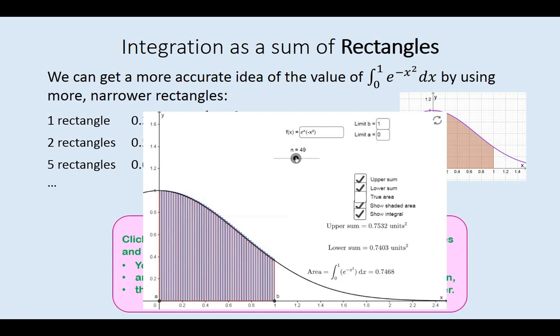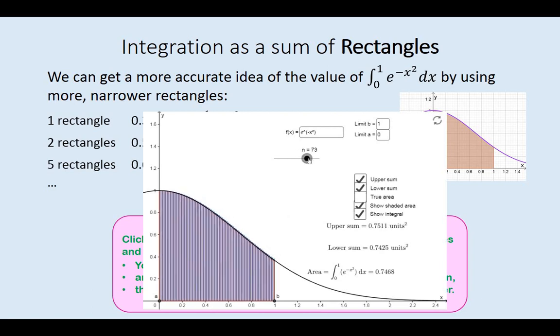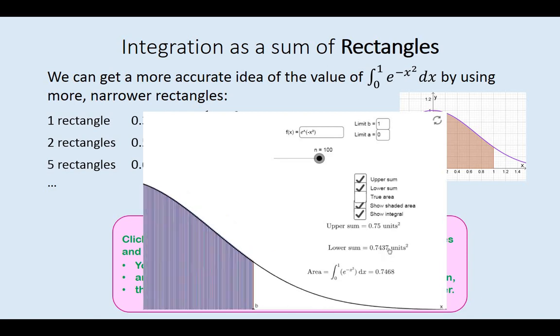When you're looking at the graph, it's quite hard to distinguish between the rectangles and the curve. You can see tiny little steps there, but it's a really accurate view of the area you're interested in. In fact, if we continued this further and further, we'd end up with a value that always rounds to 0.7468. And with 100 rectangles, we're pretty close to that already.